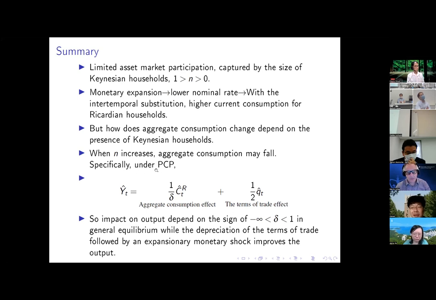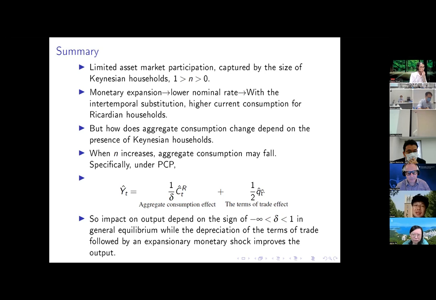And specifically under producer currency pricing, this first aggregate consumption effect changes the direction, the signs, but different from the closed economy setup, in open economy, we have this second term that they call the terms of trade effect, which is always positive.